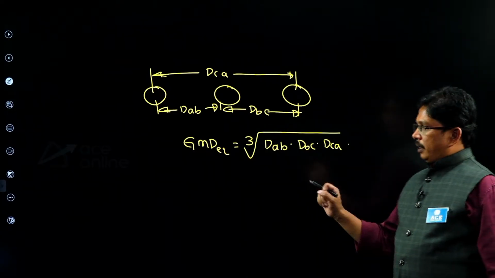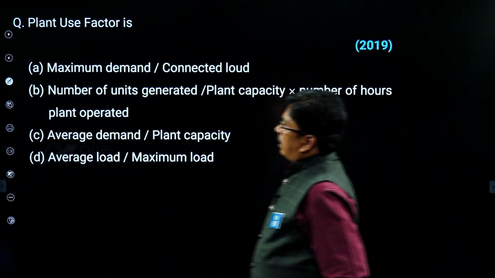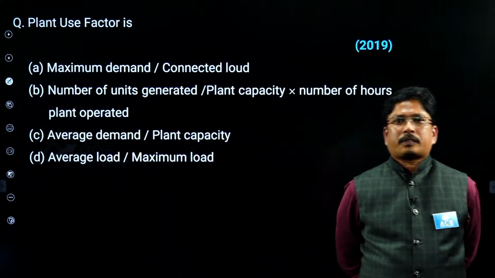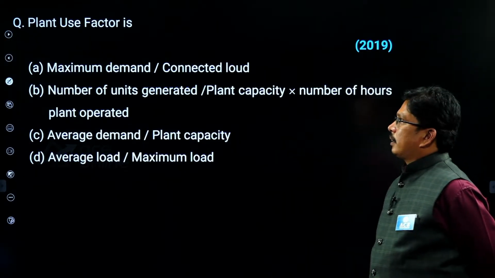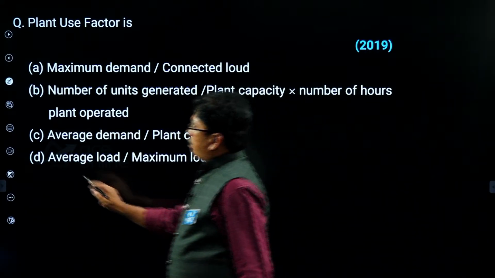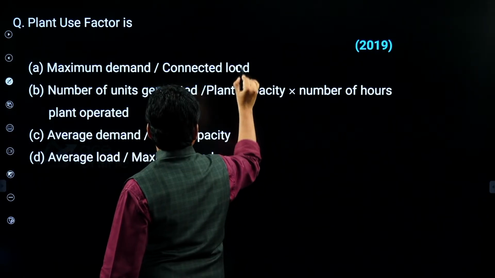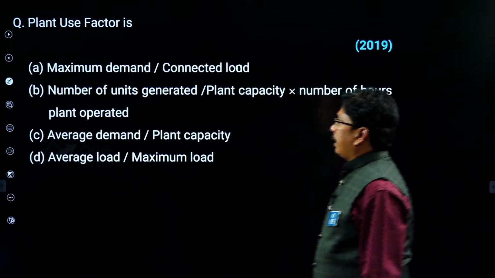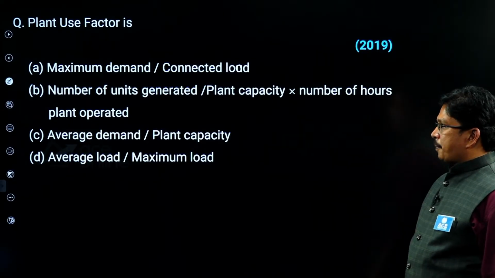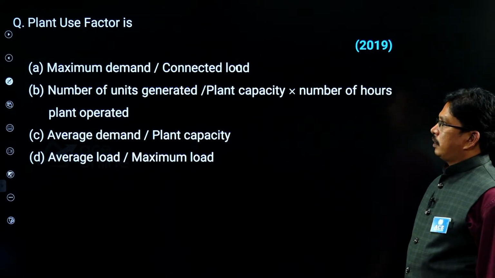Right. So, now we will go for the next question here. Plant use factor is defined as maximum demand to connected load, number of units generated divided by plant capacity into number of hours plant is operated, average demand to plant capacity, average load to maximum demand.